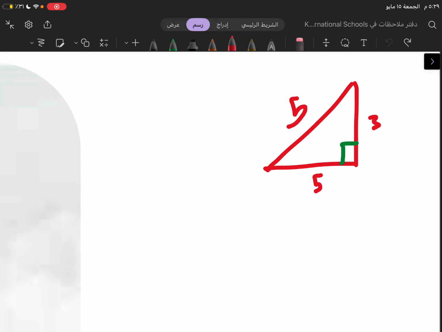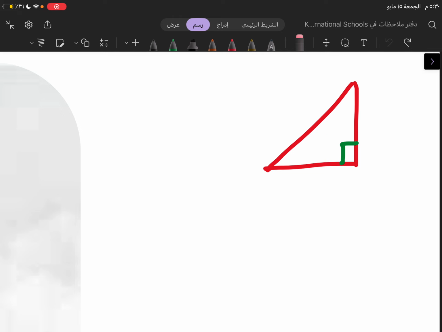It is 5, I know. But if I don't have any given number here, you must know without given numbers. So this side is the longest side because it faces the right angle.